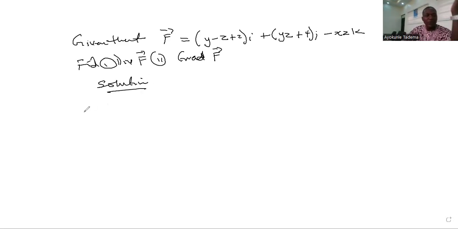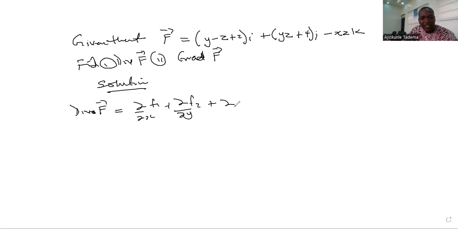How to solve this? The first thing we have to do here is what? Div F. And div F is ∂/∂x of F1, if you can remember, plus ∂/∂y of F2, plus ∂/∂z of F3.